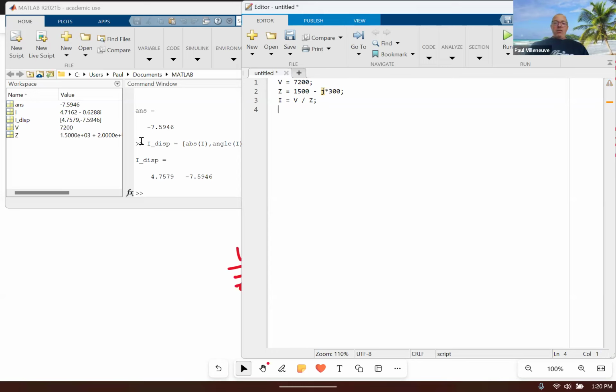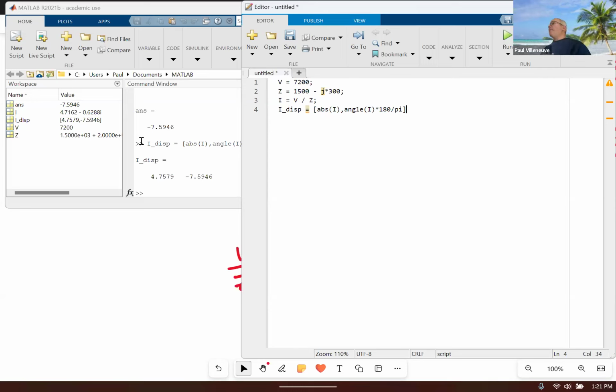So now I'm going to display my value of I using the matrices and the absolute value and the angle. So that's the open bracket, absolute value of I, and then the angle of I multiplied by 180 over pi.